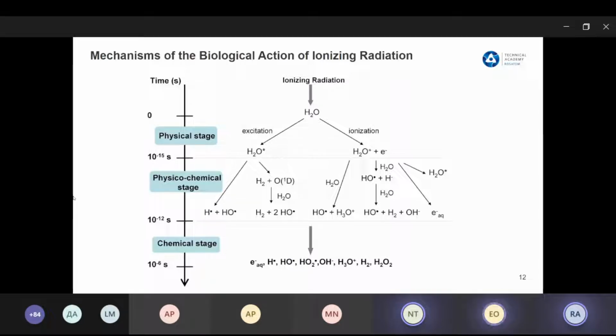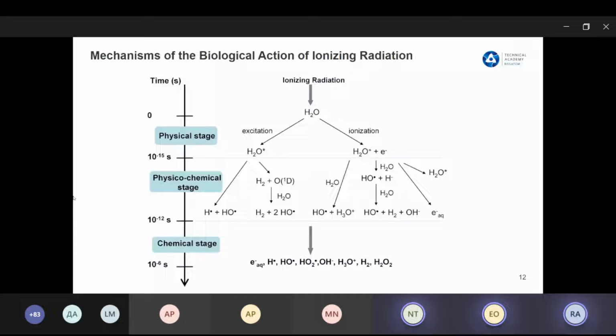Second, the physico-chemical stage. Due to the excitation and ionization of molecules, internal rearrangements occur in them due to migration of energy and charge within the molecule or between molecules.